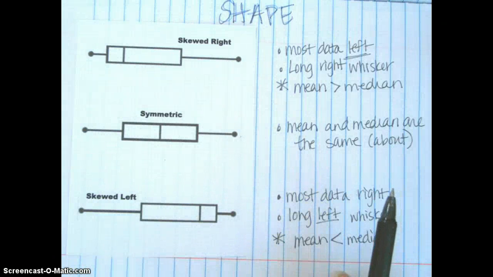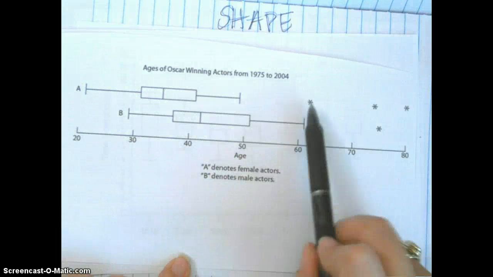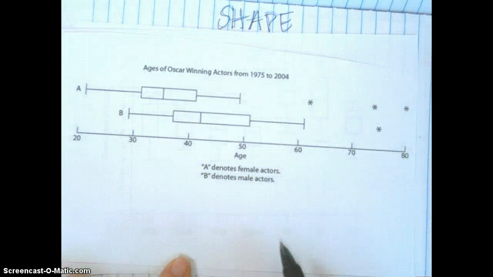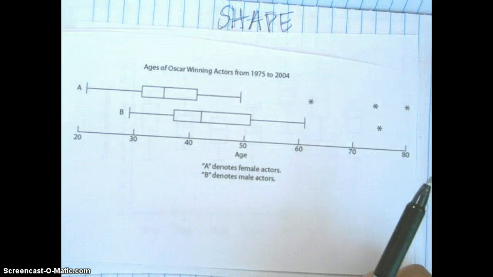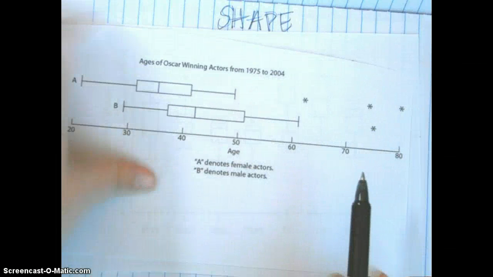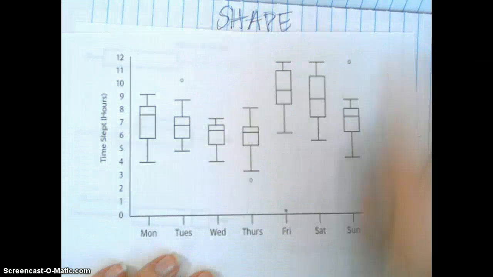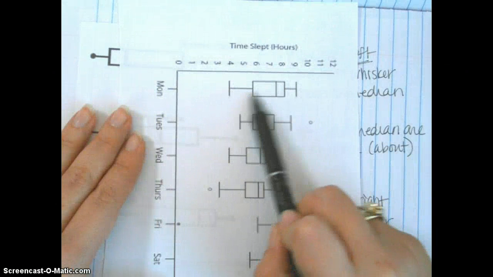You'll be able to look at them, compare them, see which one it is. If you notice in these pictures, we have these little dots. Those are called outliers. That means that those numbers are way above or way below the data. So outliers are numbers that you'll see separately. Looking at some of these box plots, you can see it has a longer left whisker.